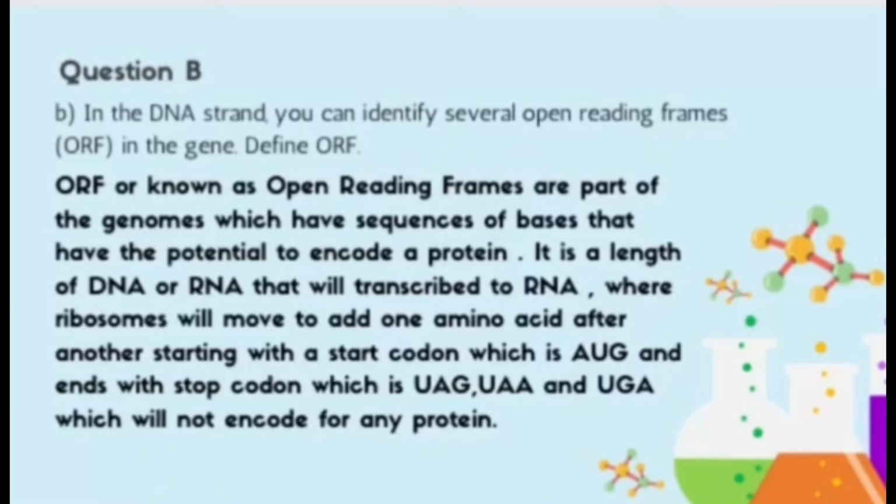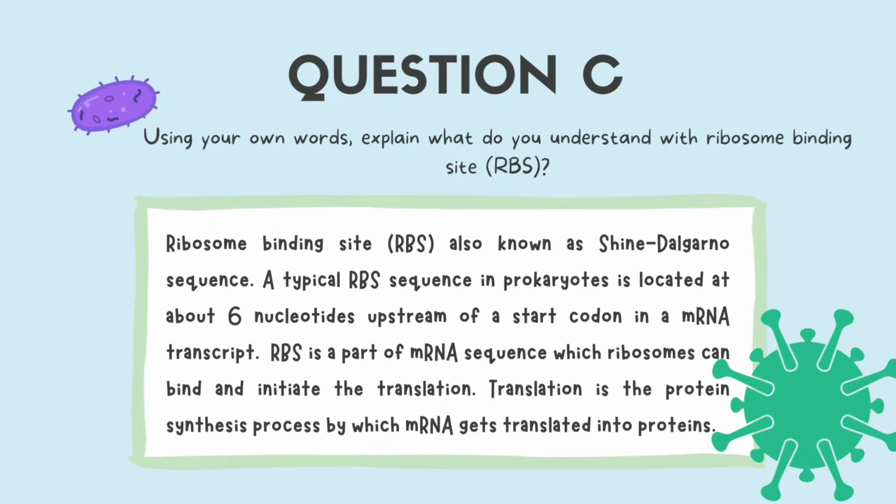So now we will move to the next question, which is question C. Using your own words, explain what you understand by ribosome binding site. Ribosome binding site, or RBS, is also known as the Shine-Dalgarno sequence, or in short form, SD sequence.